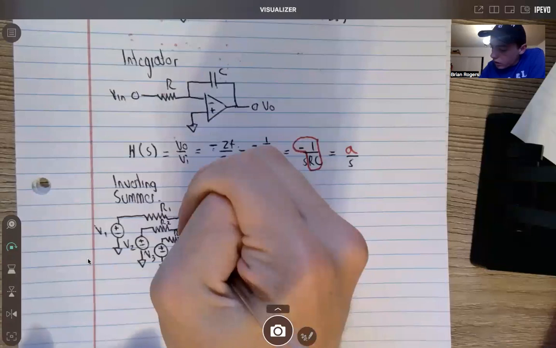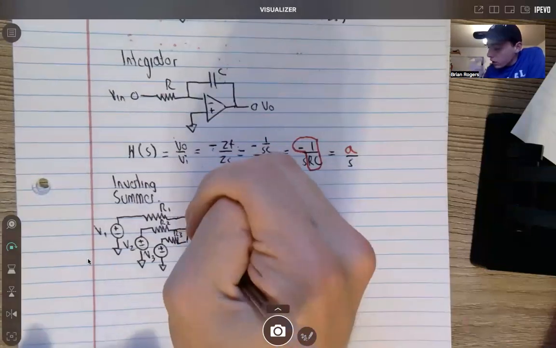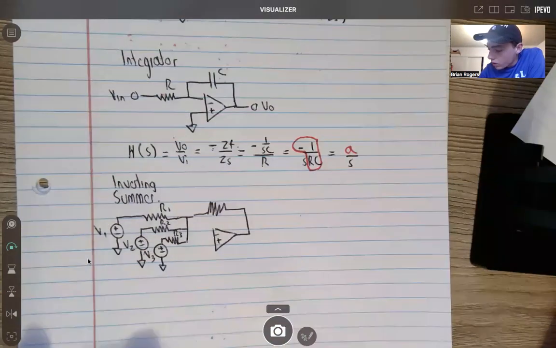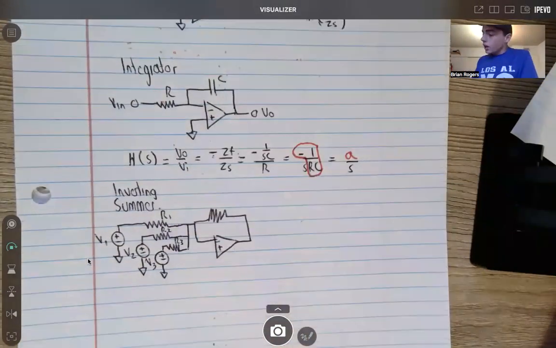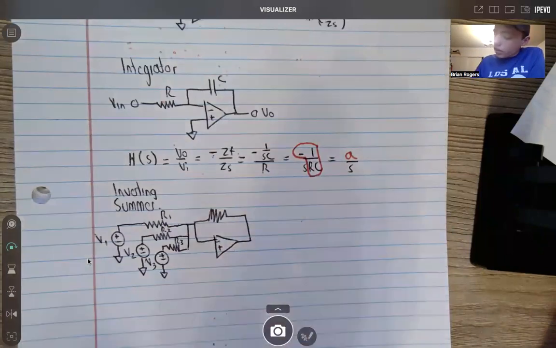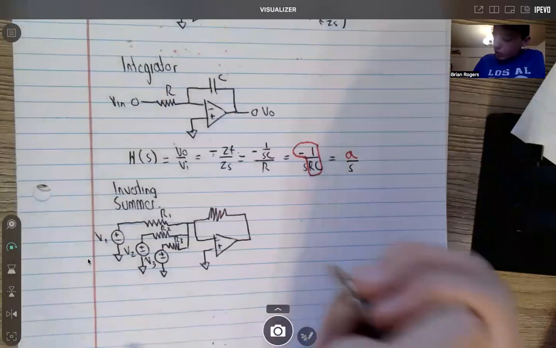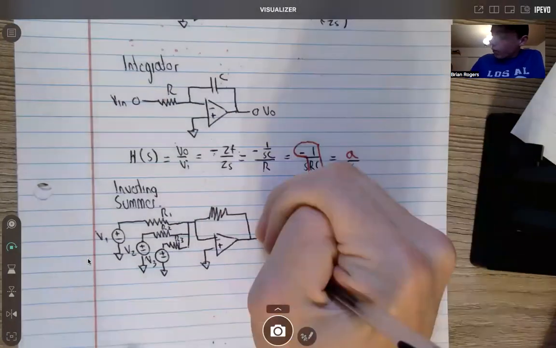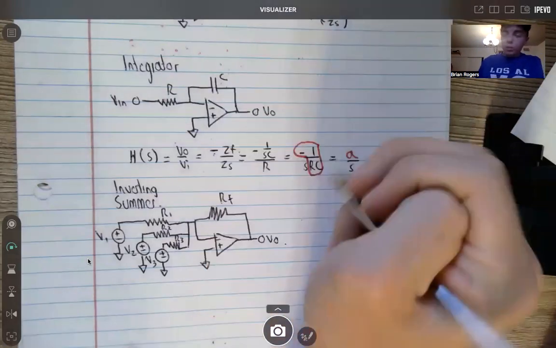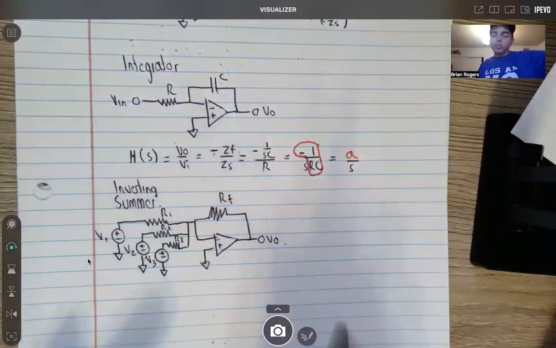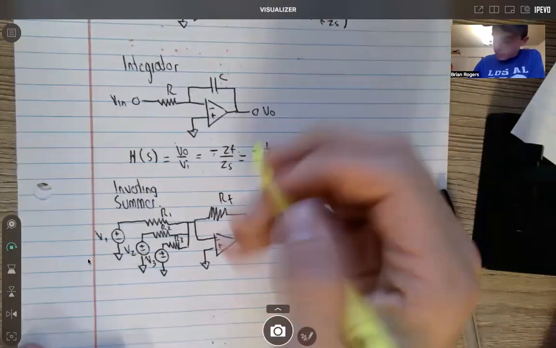So here we have R3, and then R2, and this is all going to be hooked up to our inverting amp here. Now that we got them all connected, this one is hooked to ground, the positive. What is our output voltage going to be? Our output V out. This is our feedback resistor, remember, because that's on the feedback loop here. It goes from the output back to the input. That's why it's called R of F, output to input.